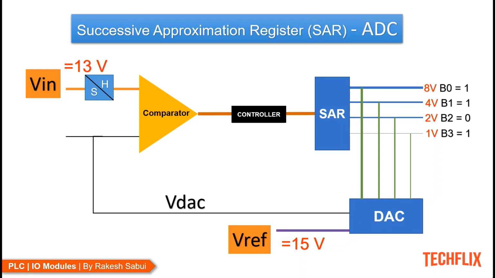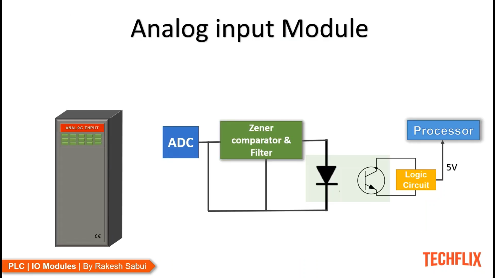Now, the resolution of the approximation depends on the number of bits used. The more the bits, the higher the resolution. For example, in this case even for 13.8 or 13.5 the output would always be 13 volts. So this is a 4-bit ADC. So now, we know how an analog signal is sampled, quantized and converted into a digital signal.